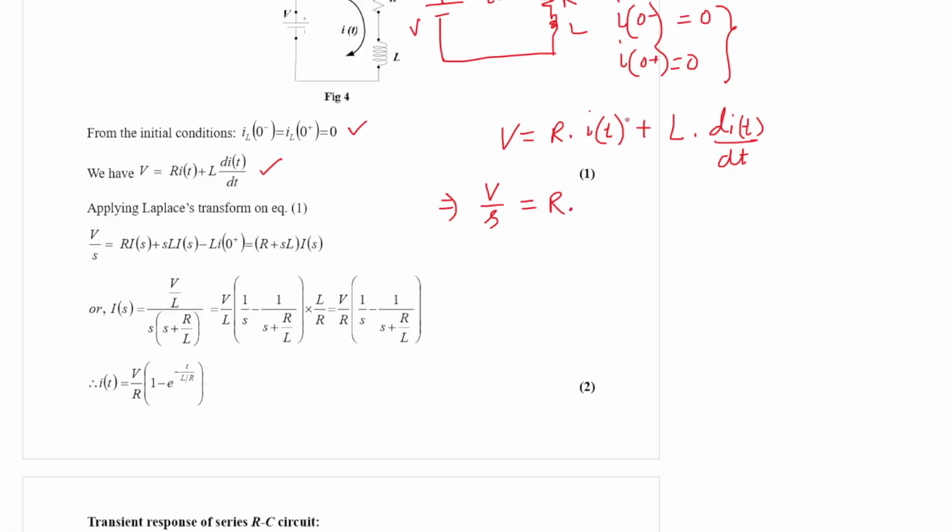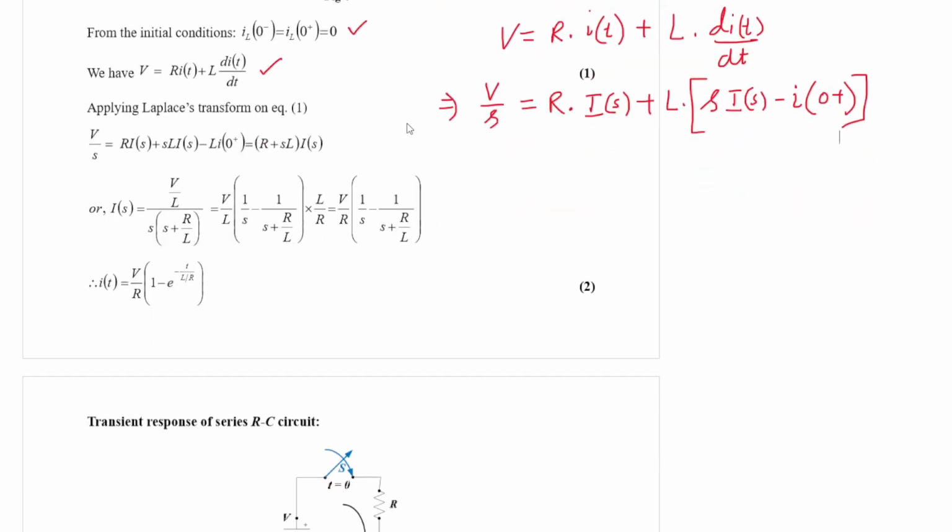Now i(t) is the current as a function of time, so it will become I(s). Plus L, now you follow the derivative rule, as we have done in the previous session, so it will be S into I(s) minus I0 plus.